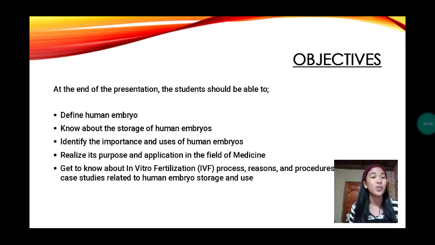And the last one, get to know about the in vitro fertilization or IVF process, reasons, procedures, and also the 3 related cases to human embryo storage and use.